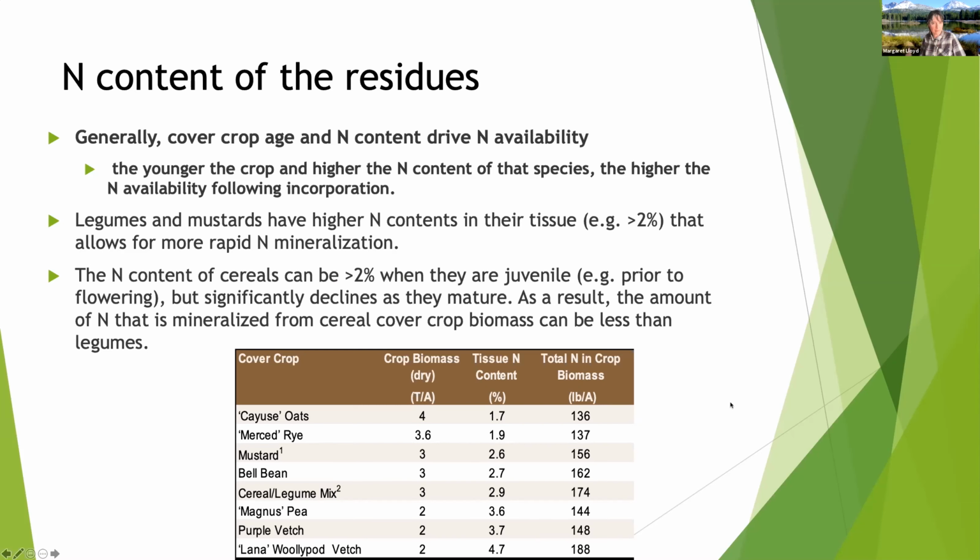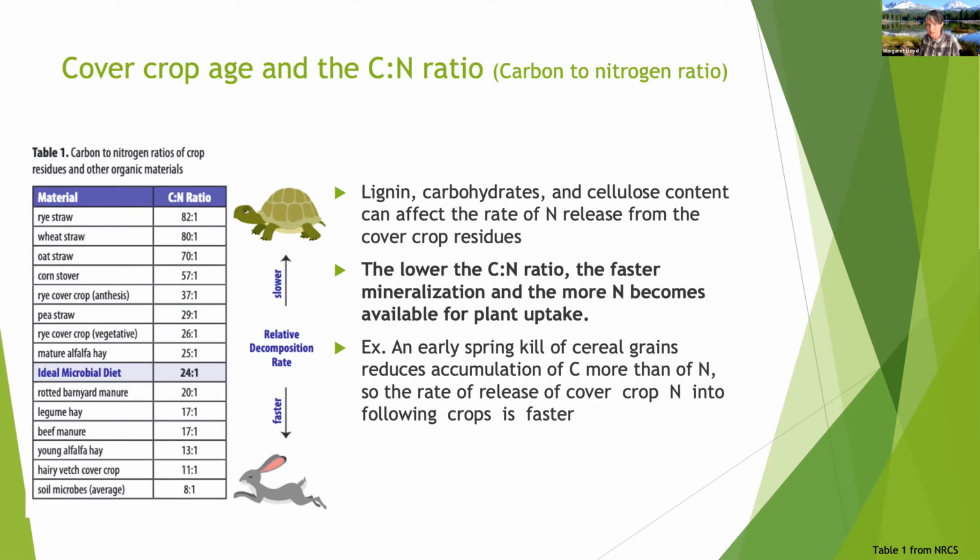So that's where we often talk about these numbers above and below 24:1, as Daniel pointed out earlier. And so when carbon contributions are high, these decomposer microbes will scavenge any free nitrogen in the soil or immobilize it in their bodies as they chew through high carbon materials.